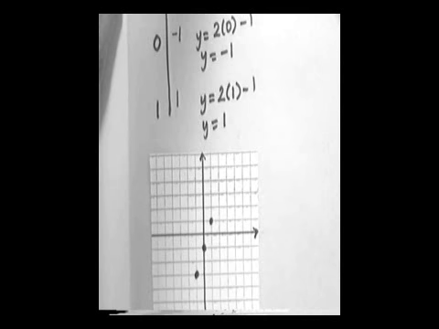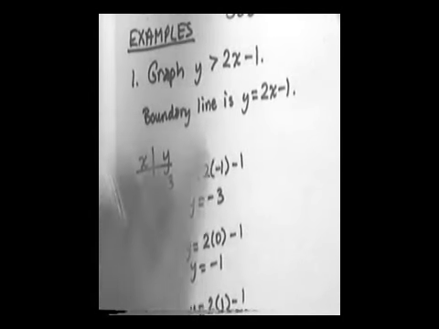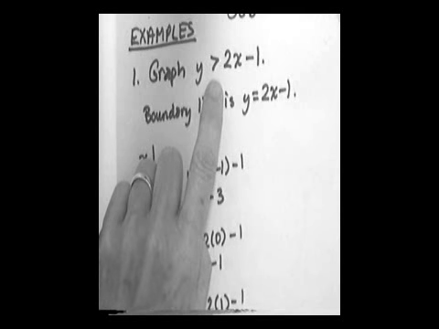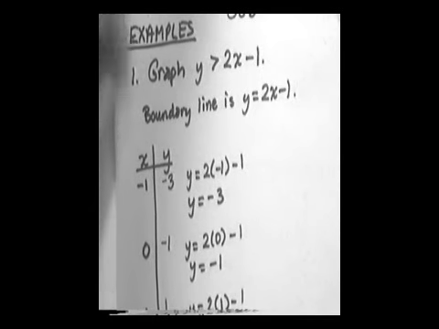Now at this stage, you would put back into focus the original, which says y is greater than 2x minus 1. Y is greater than, that means we do not use the boundary line, and so the boundary line is drawn as a dotted line.